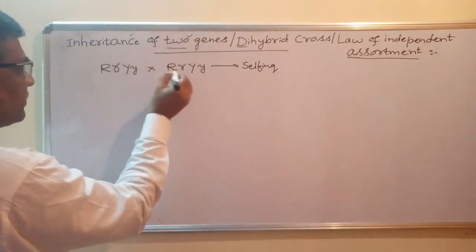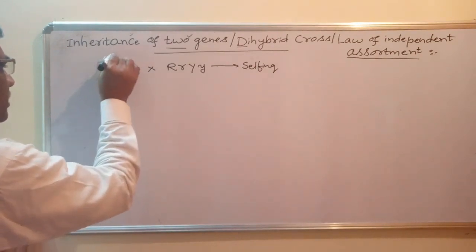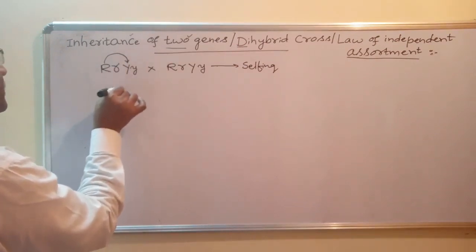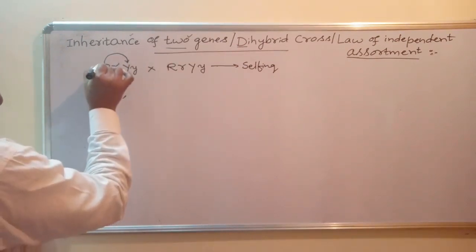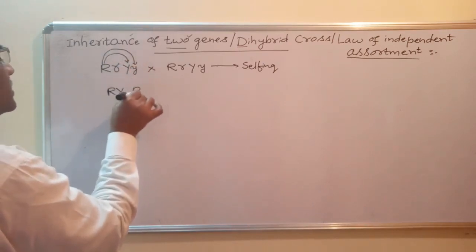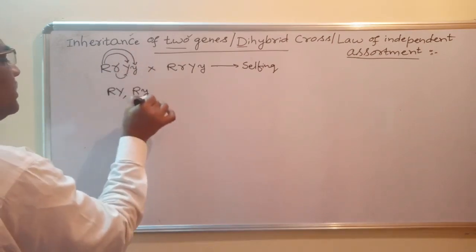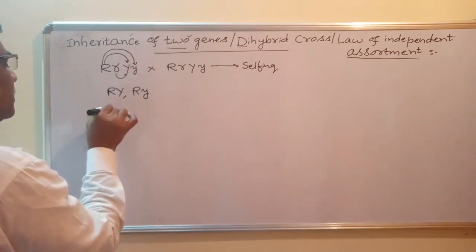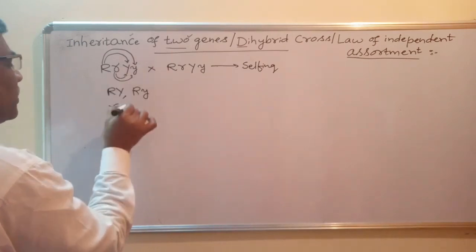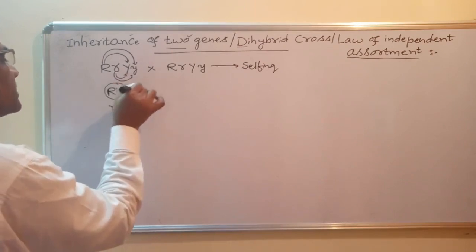Now we need to take the gametes. These are the male plants, these are the female plants. Its gametes are capital R, capital Y; capital R, small y; small r, capital Y; and small r, small y. So these are the gametes.